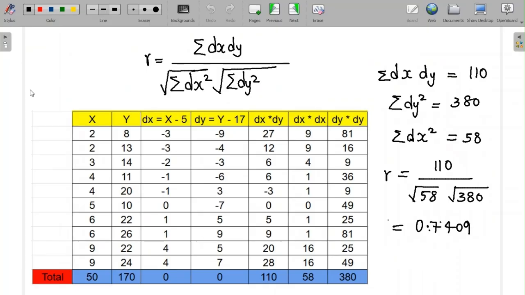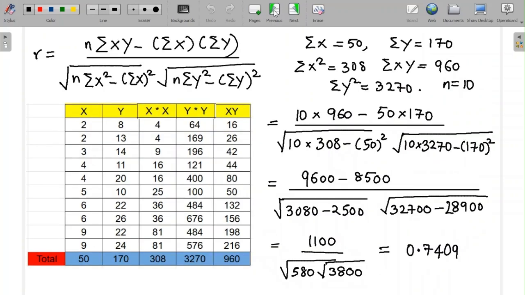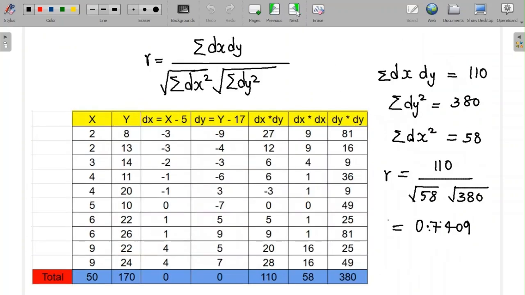So these numbers come down to 110, 380, and 58. Substituting them in the formula gives us the same number as we got through method 1, 0.7409. So that means our answer is correct.